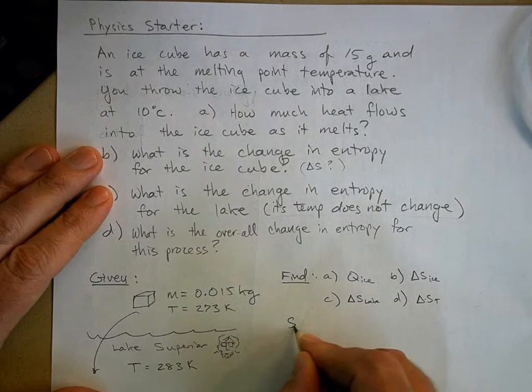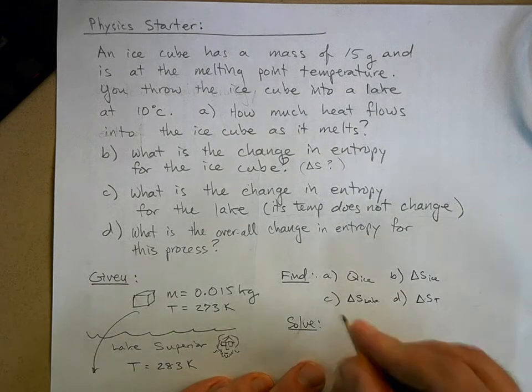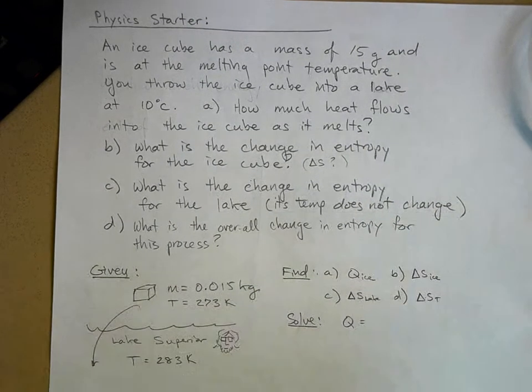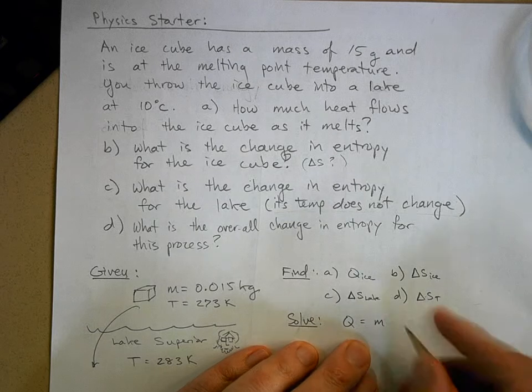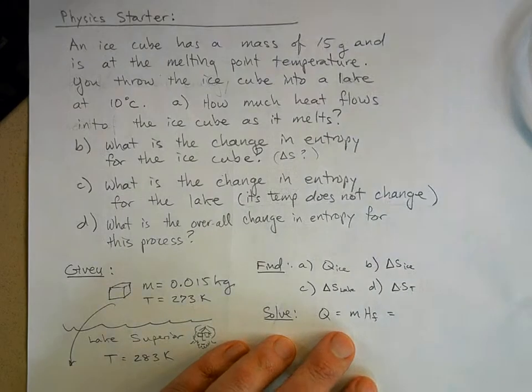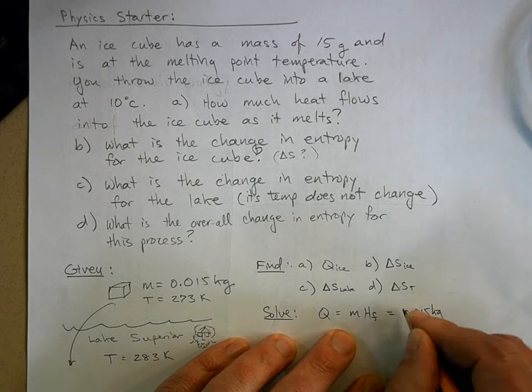So let's solve it. Q equals, it has to absorb this heat, so heat's flowing into it, it's going to be positive. And it's going to be the mass times the heat of fusion for ice. So this is 0.015 kilograms.